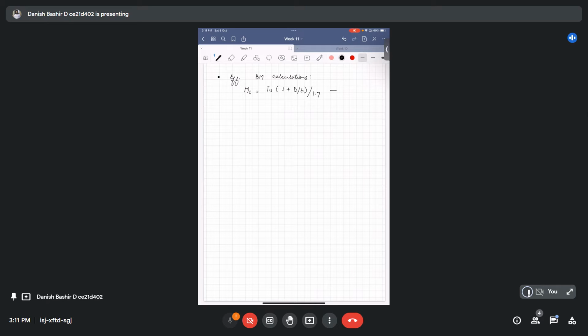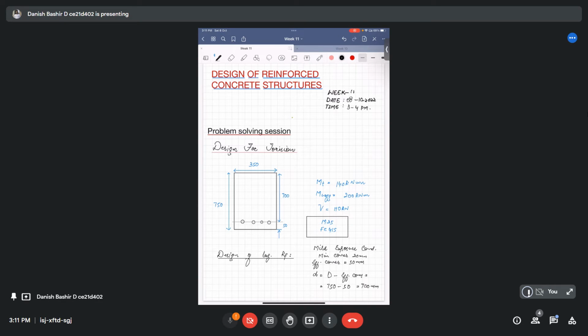Here Tu is the twisting moment, 140 kilonewton meter, Mu, the hogging moment, is 200, and Vu is 110.